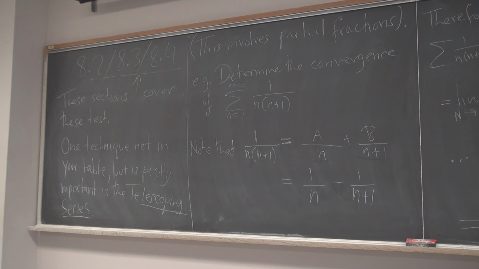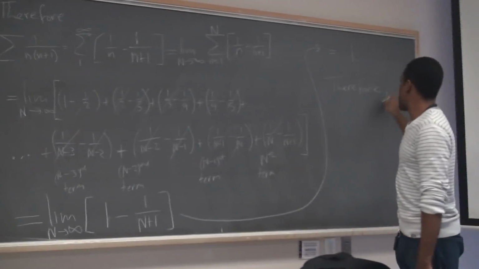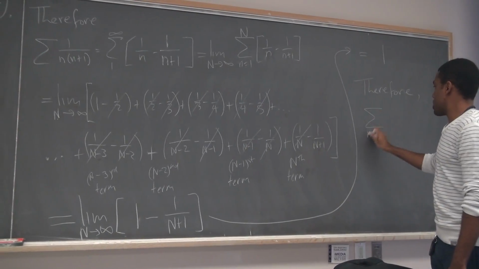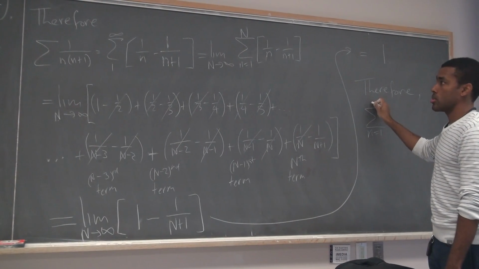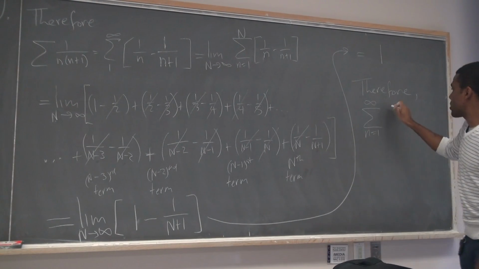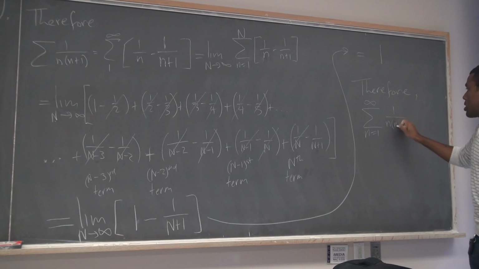Okay, limit as n goes to infinity, the result is 1. Therefore, the series from 1 to infinity of 1 over n plus 1 actually converges, and it is equal to 1.